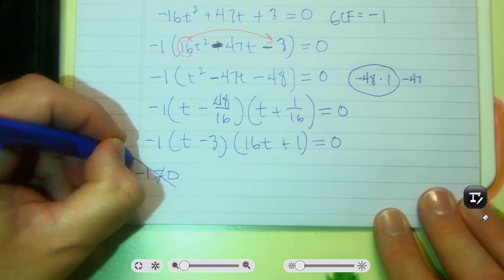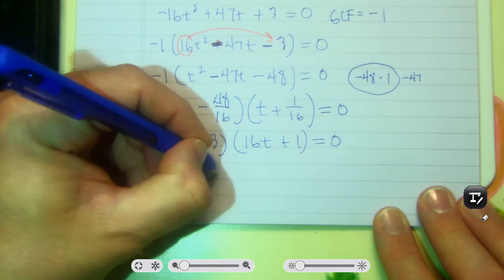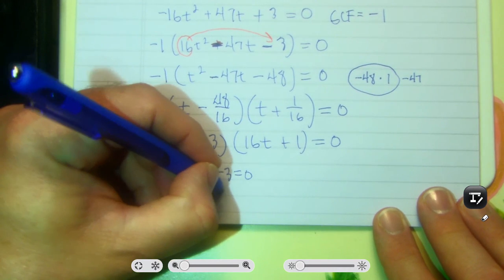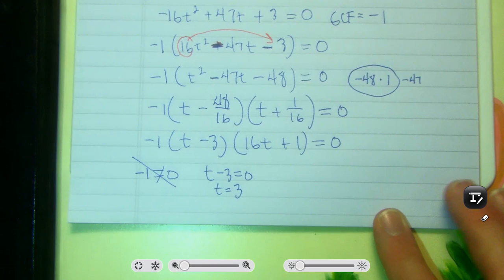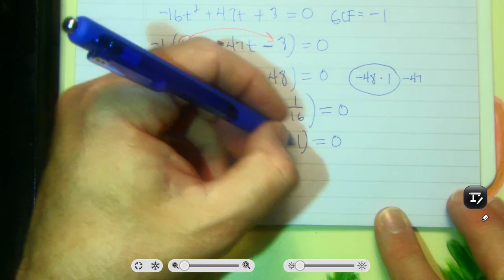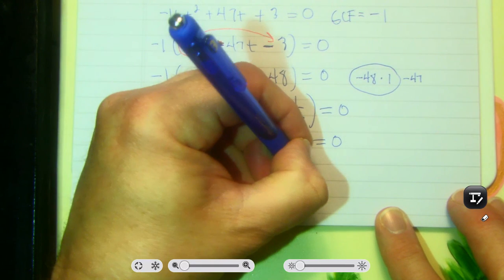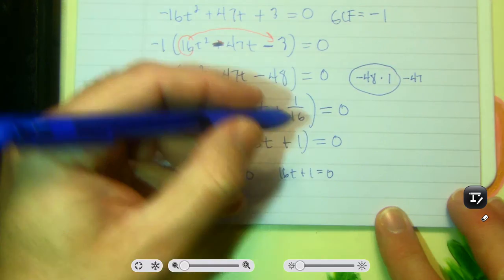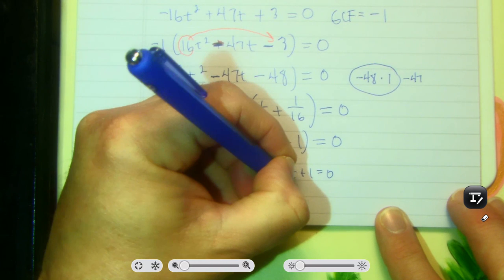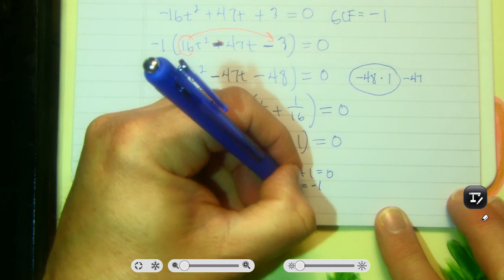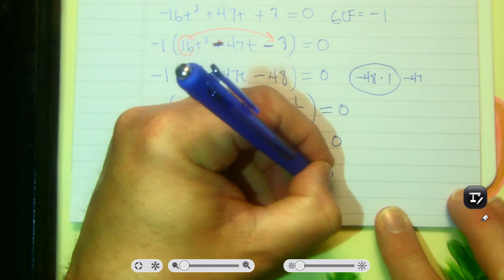So we just throw that one out. t minus 3, I can set equal to 0. So t will be equal to positive 3 there. And then the last one is 16t plus 1 equals 0. So I subtract 1 from both sides. I get 16t equals negative 1. Divide by 16, I get t is equal to negative 1/16.